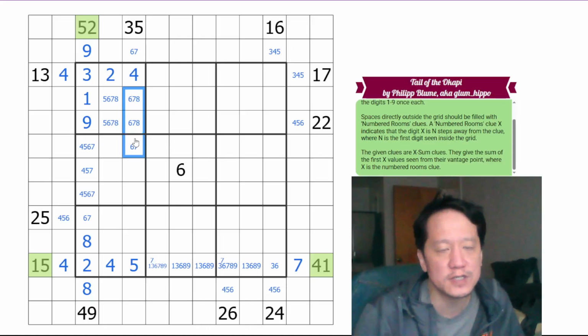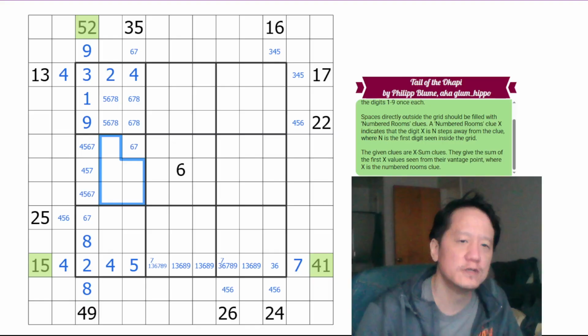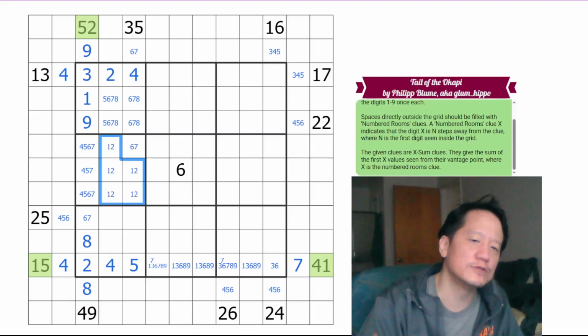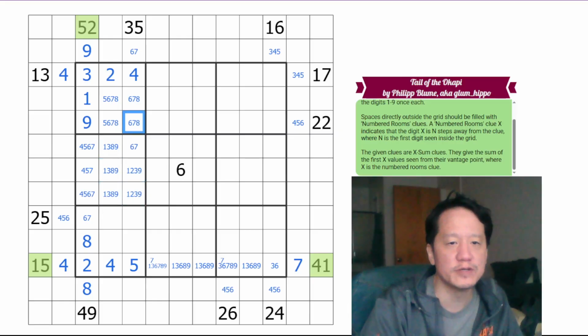This is a 6, 7, 8 triplet. Therefore, this is 4, 5, 6, 7, which eliminates 4, 5, 6, 7 in the rest of the box. So that leaves 1, 2, 3, 8, 9 as the remaining digits, and 2 cannot be here. This can't be 8, because 8 has to be one of these two, so this can't be 8 here.